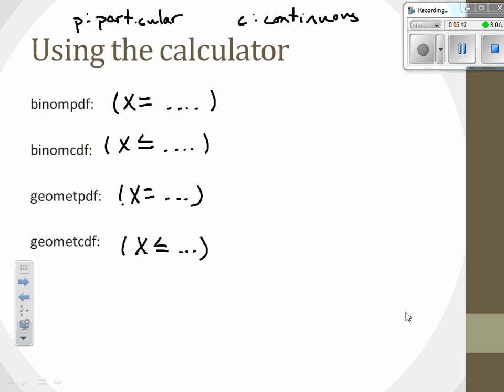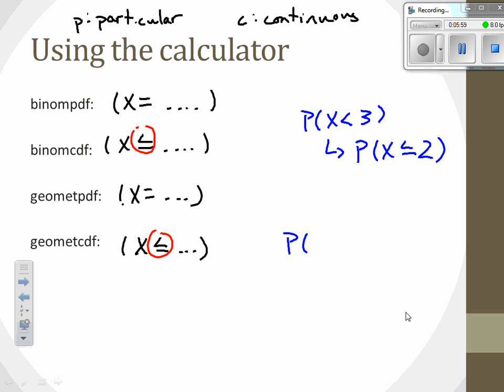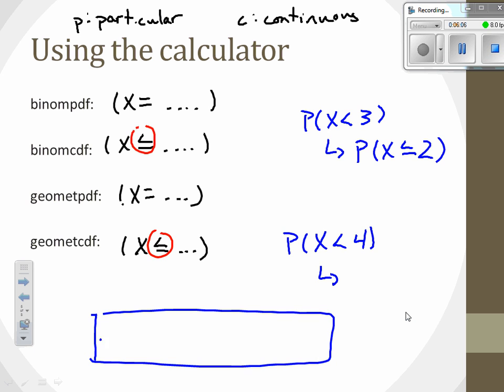Now, one thing to notice: it's less than or equal to. So for example, let's say we're trying to find the probability that x is less than 3. We have to recognize that this is really the same thing as x less than or equal to 2. Even down here, it's still less than or equal to. So if you're doing a geometric setting and we want less than 4, think of a chart with all this information: 0, 1, 2, 3, 4.